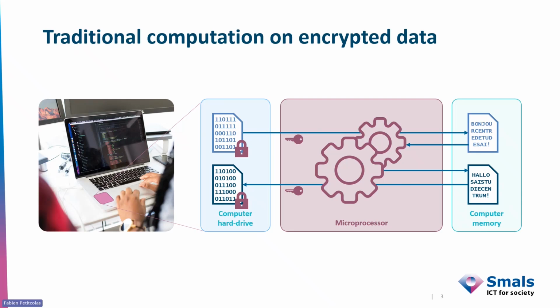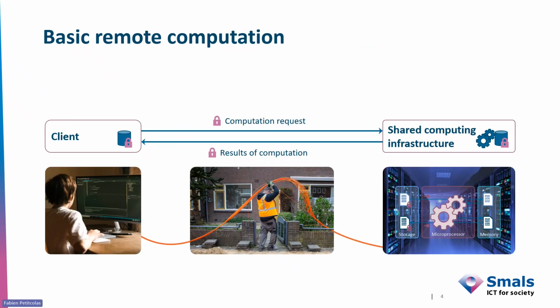It gets a bit more complicated if the data is on a remote system. So we know well how to encrypt the data on our hard drive. We know well how to encrypt it on the network when it's transferred between some remote infrastructure and our laptop. And on the remote infrastructure, we have something similar. We have computers over there.